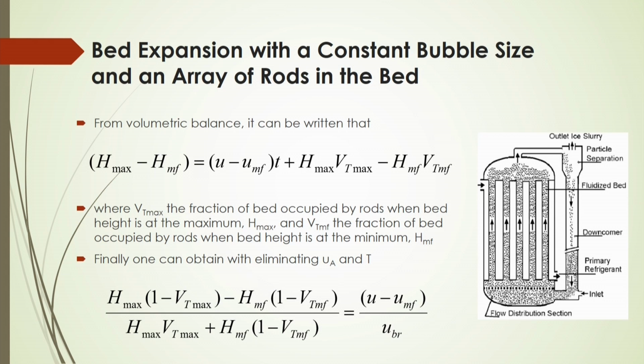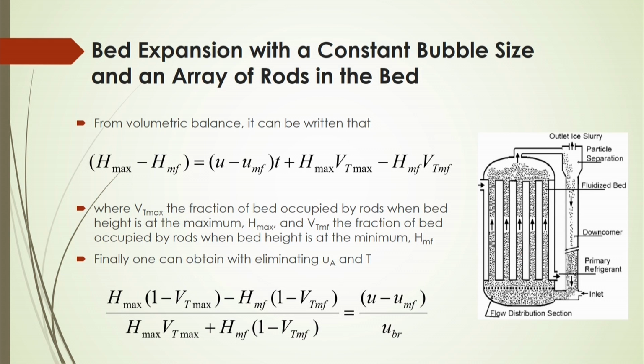Suppose you make this fluidized bed into compartments by inserting some mechanical rods, then the bubble rise velocity or slug velocity will be disturbed by these rods because of the wall effect.